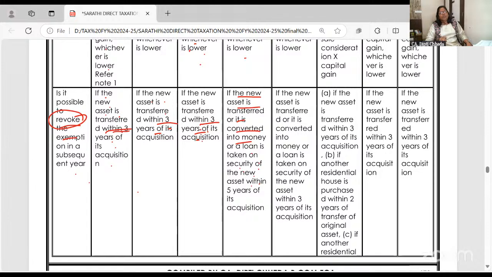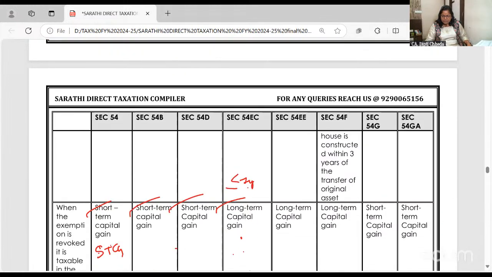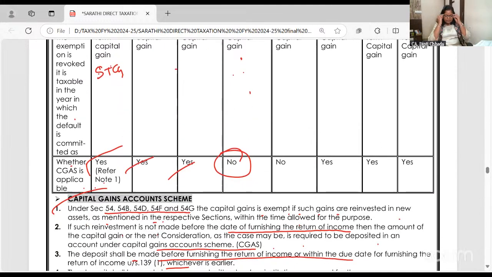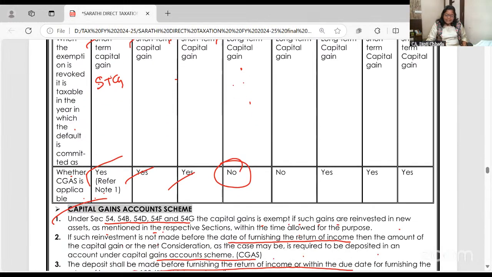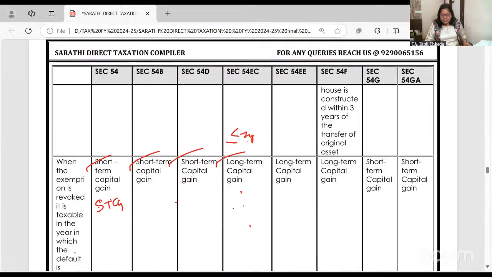So till 5 years, don't give security and take a loan against these bonds, or don't try to convert the bonds into cash. Long-term capital gain, and the CGA scheme is not applicable. If it is revoked, it will be taxable as long-term capital gain.